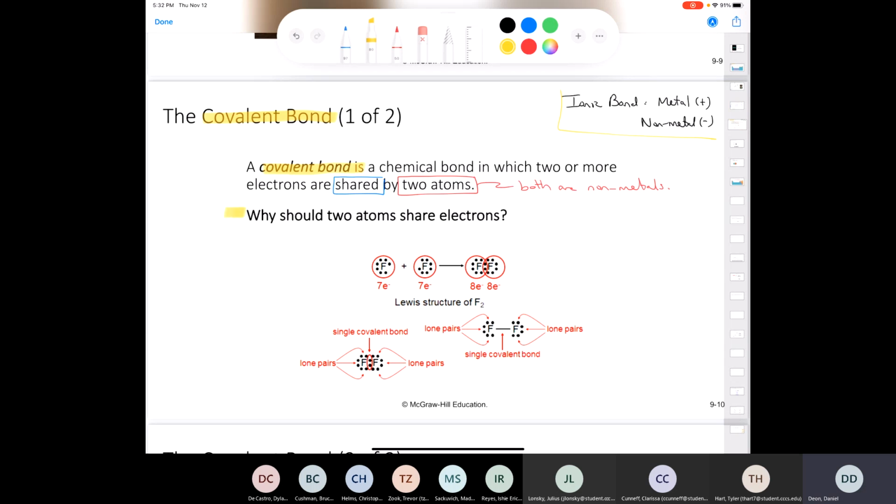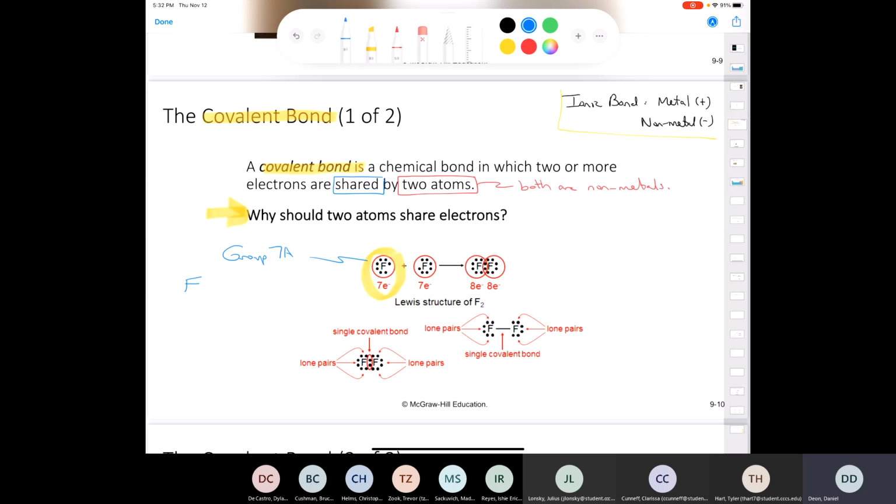Why would two atoms share electrons? What would they have to gain? Well, if you share something with somebody, it's like you both are partaking of its goodness, so to speak. Look at fluorine. The fluorine element has 7 valence electrons, right? Because fluorine is in group 7A.